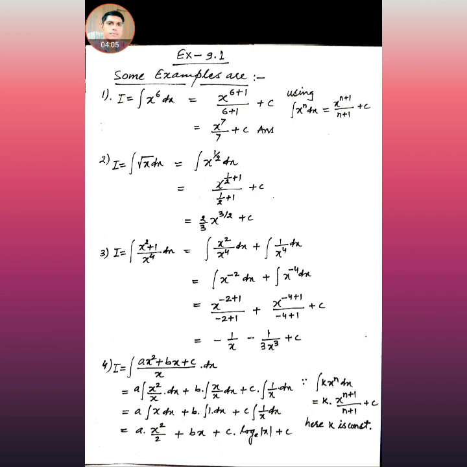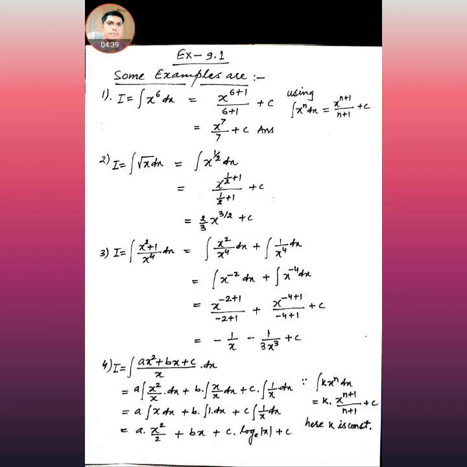Example third, integration of x square plus 1 upon x raised to power 4 dx. So first of all, we separate all integrands. So we get x raised to power 2 upon x raised to power 4 plus 1 upon x raised to power 4. After simplifying it, we get x raised to power minus 2 and x raised to power minus 4.